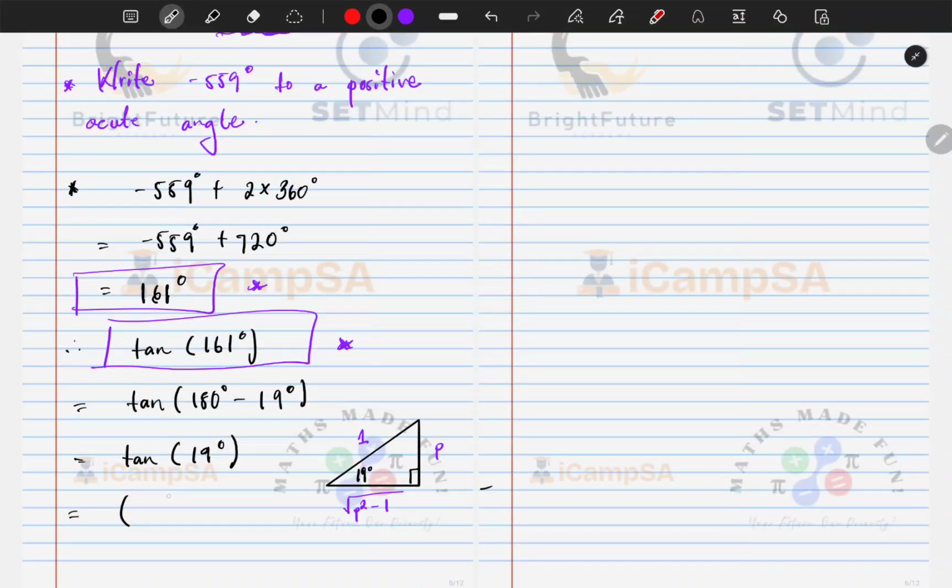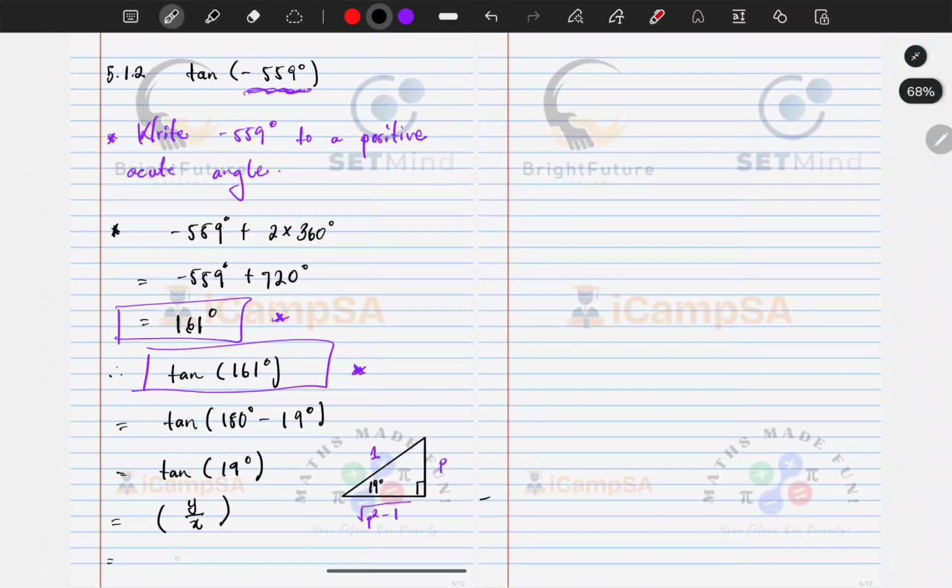It's opposite over adjacent. So this is going to be your y over your x. So what is y? In this case, y is going to be your p over your square root of p squared minus 1. So this is going to be your answer.